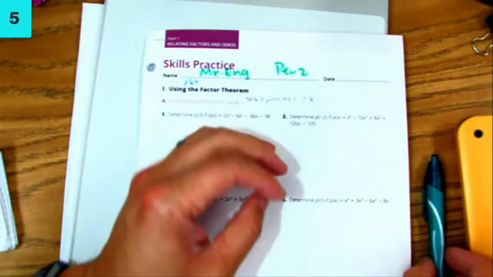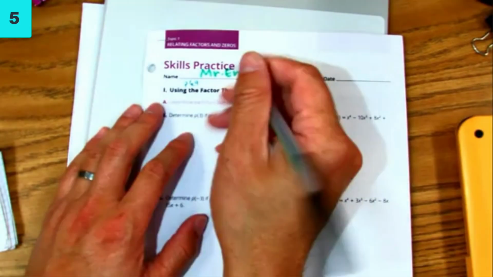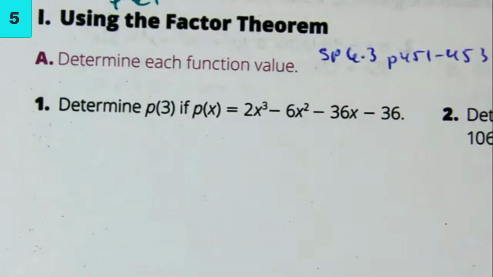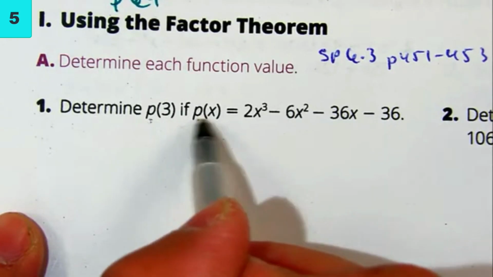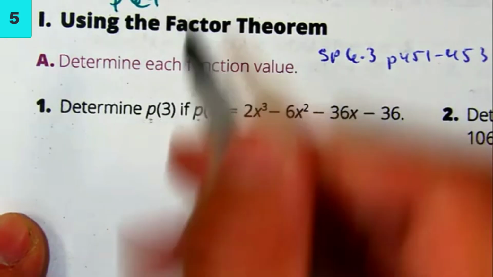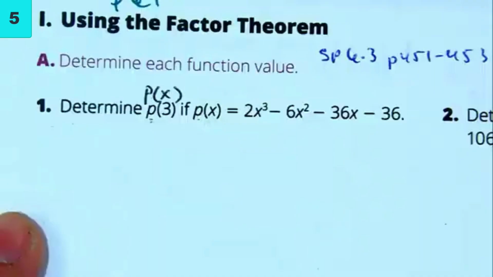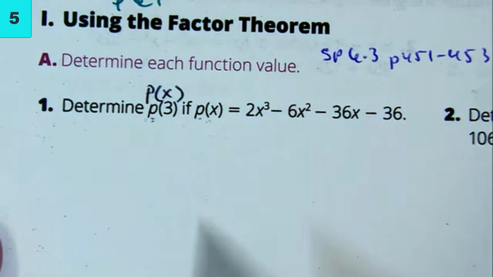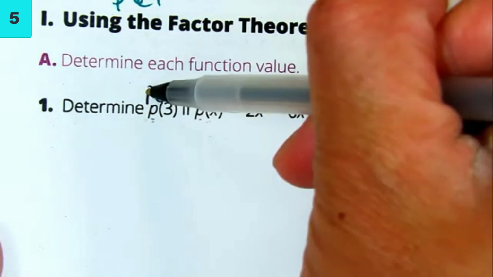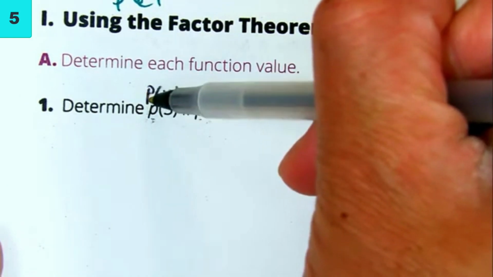Another way of clearly seeing this is this part right here. These two are the clues. If you put P of X right above it, do it. Repeat after me. P is the same, right?